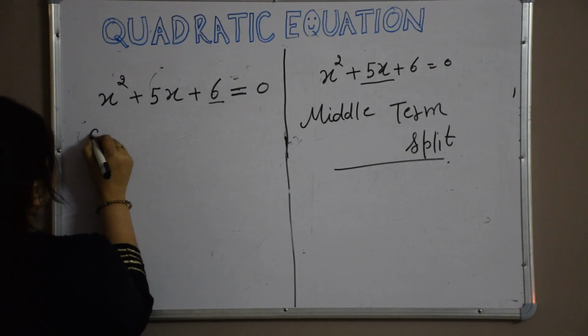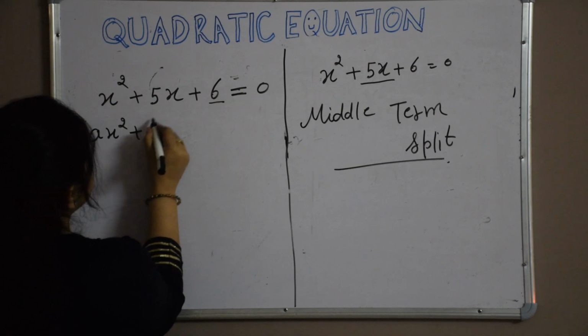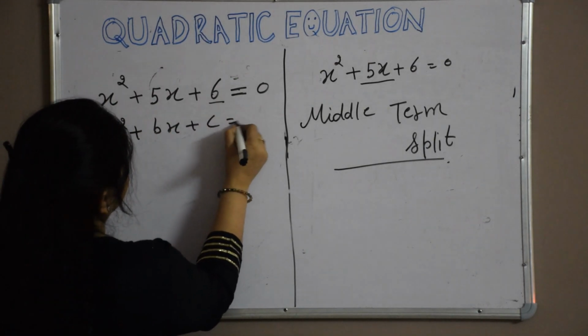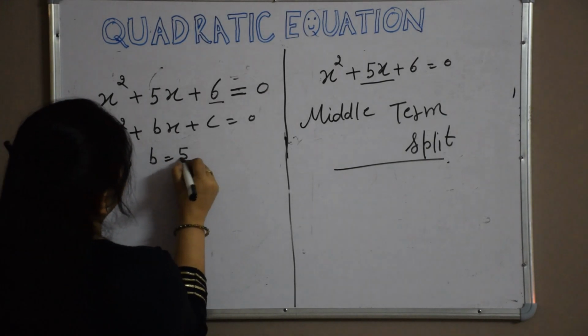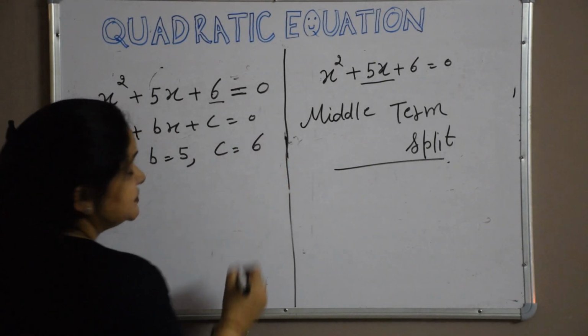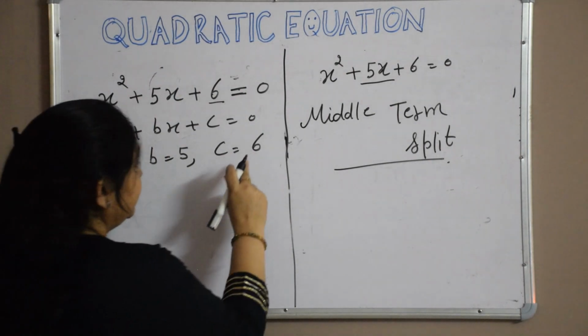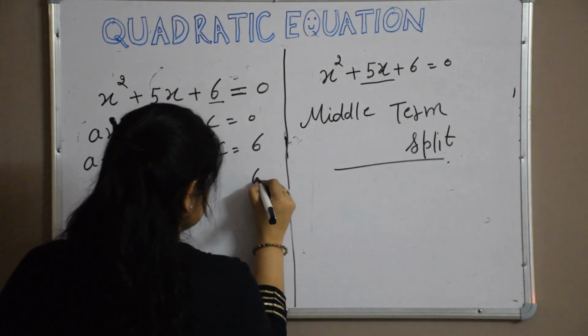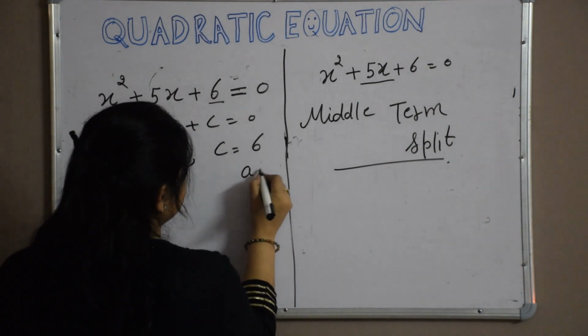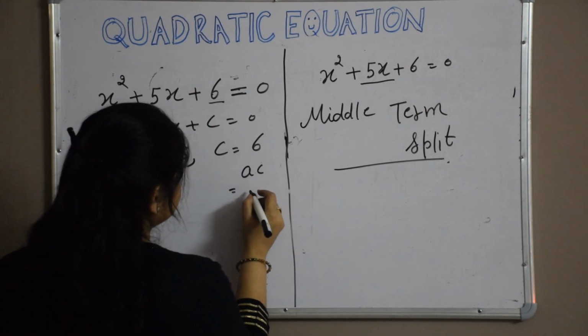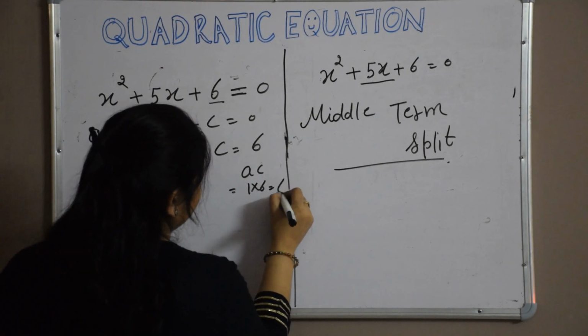Compare the given equation with ax square plus bx plus c. So I can see here a is equal to 1, b is equal to 5 and c is equal to 6. First of all I have to take ac. a is 1, c is 6, so 1 into 6, I am getting 6.